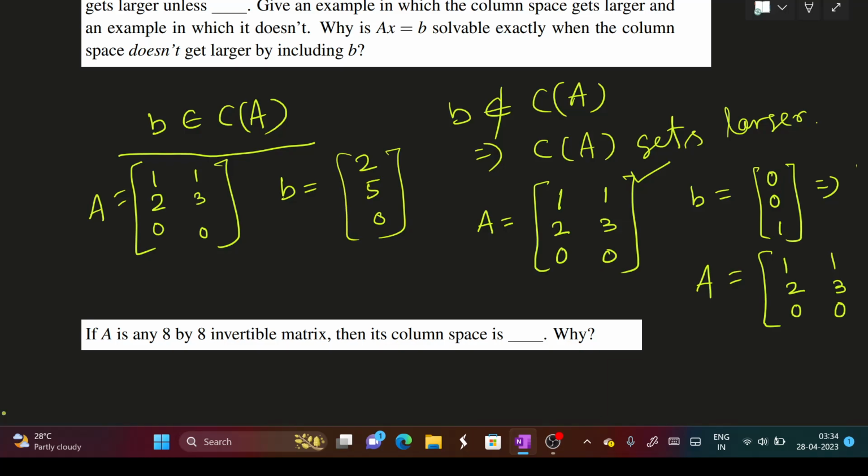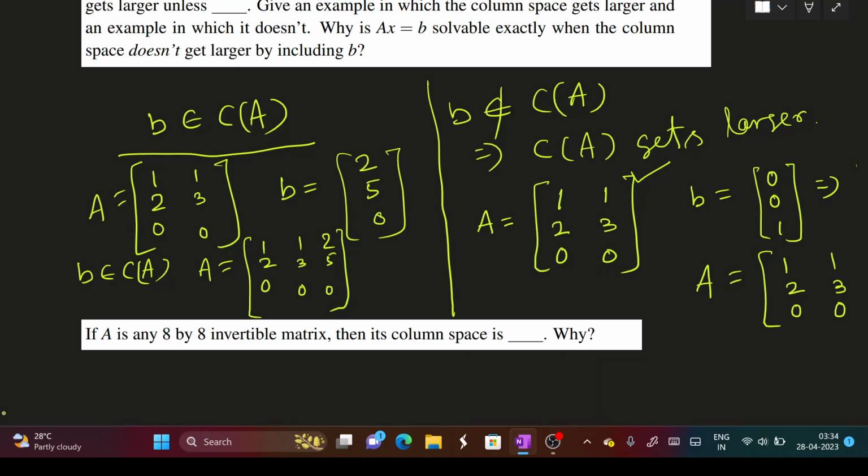So clearly, after adding these 2 columns, I am getting my B. That implies B belongs to C of A. Now what is my new A? It is 1, 2, 0, 1, 3, 0, 2, 5, 0.